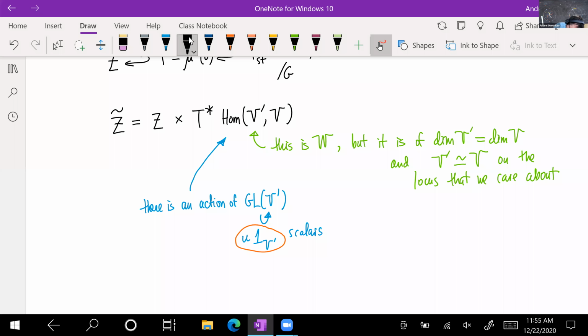And so if I look at the fixed locus Z prime, the fixed locus of U, what that includes, for instance, is your original Z cross 0.